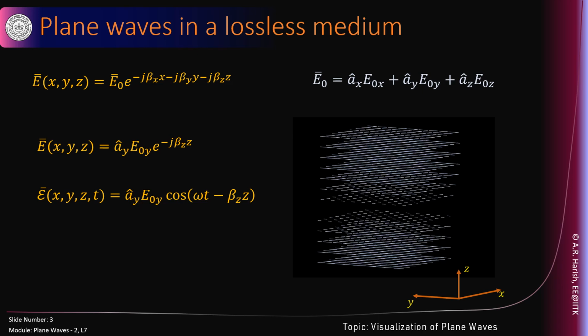We know this also. Now we ask the question, how does it behave in time? What happens if I change time? There are two things you must observe. What happens to the field as a function of time at a particular point in space, and what happens to the field as a function of time everywhere in space.